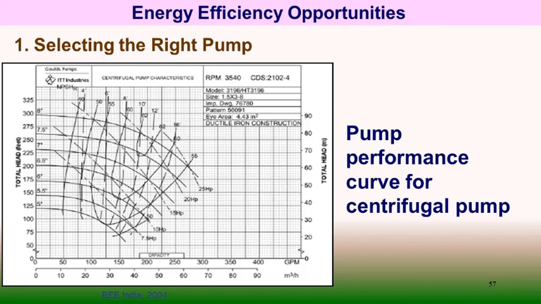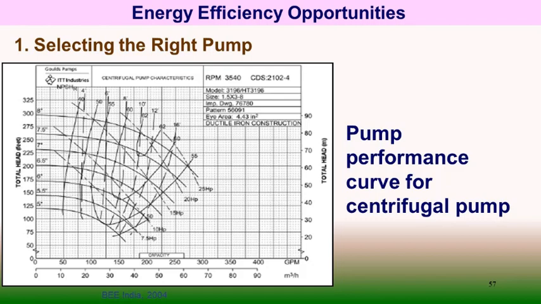The best efficiency point should be matched with reference to system head, and all the points right or left of the best efficiency point have lower efficiency, and accordingly we have to choose the pump size and speed.